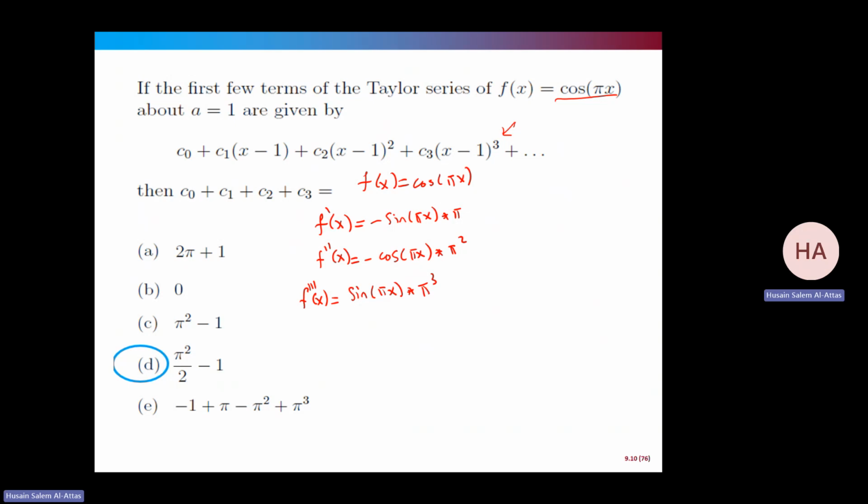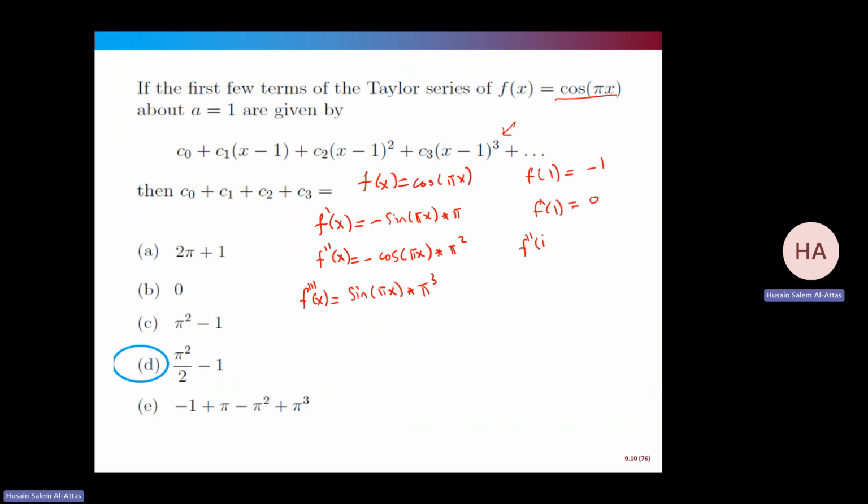This is what I need, up to x cubed. Now, I want it at 1. f of 1: cosine of pi, which is minus 1. f prime at 1: sine of pi, which is 0.